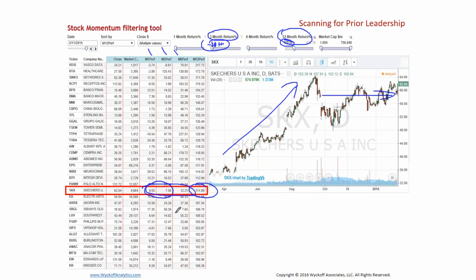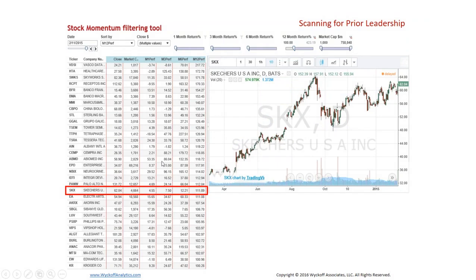You're not looking for the progression. You're looking for the consolidation to find points of entry. And Skechers was one of those stocks that fell into, on this particular day as I was doing this scanning, this particular stock came up, and we're going to use this stock for some of the ideas here.